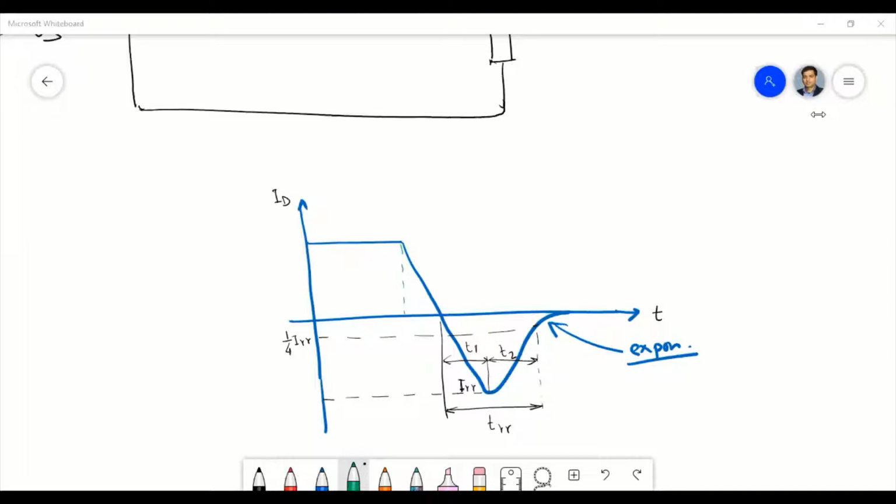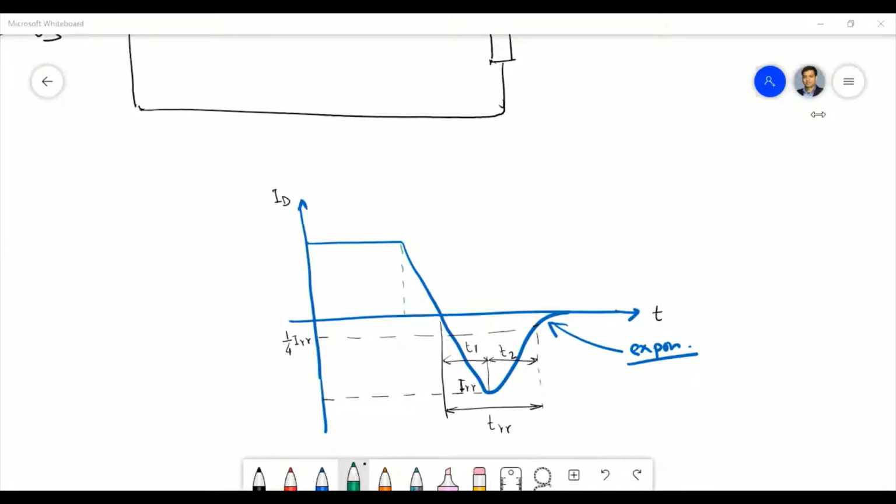No, not the correct answer. Let me ask Konishko Boshak. Can you tell me at which instant the device becomes reverse biased? Actually reverse biased. Sir, after the ID becomes negative. Why?